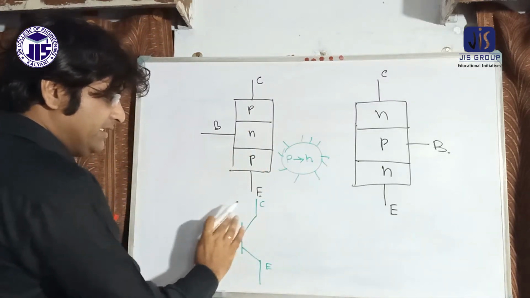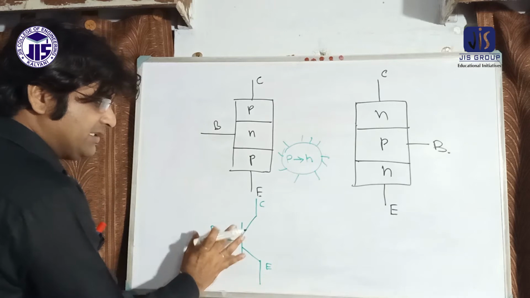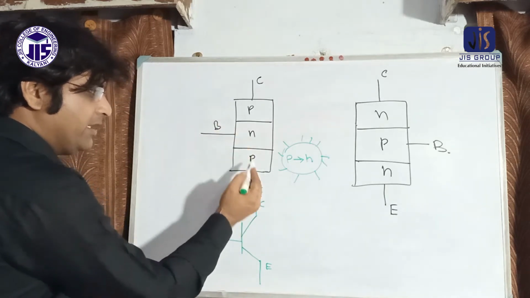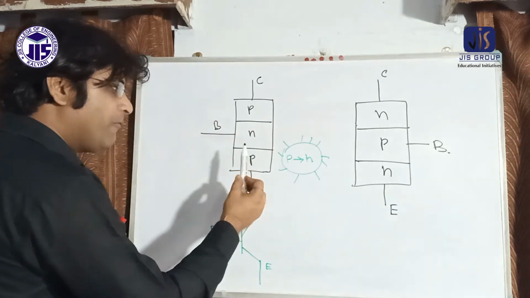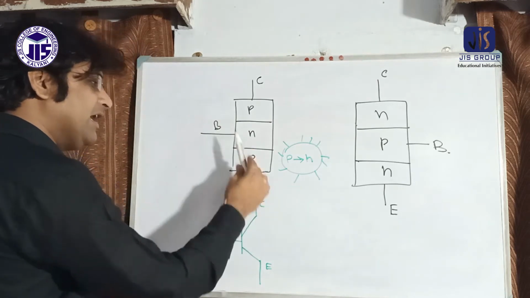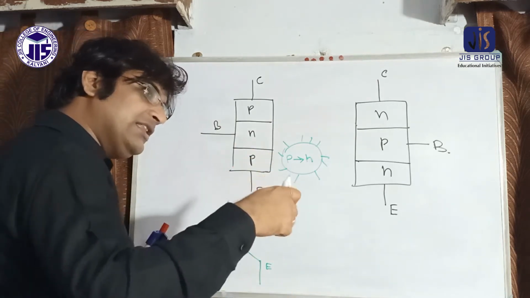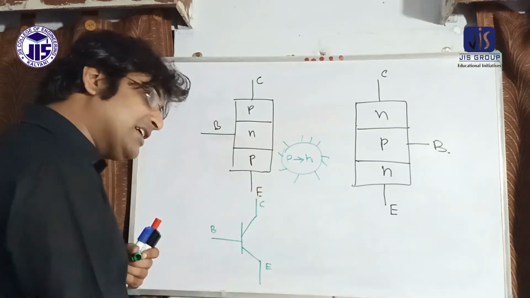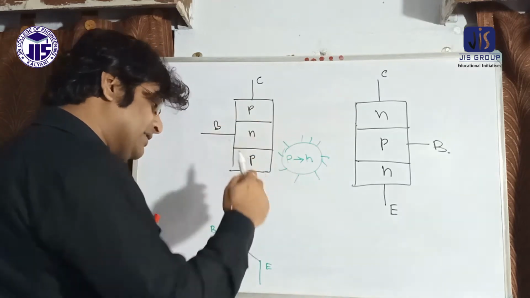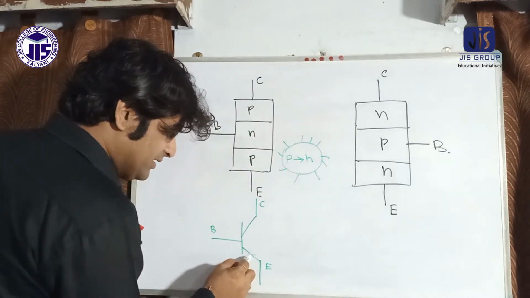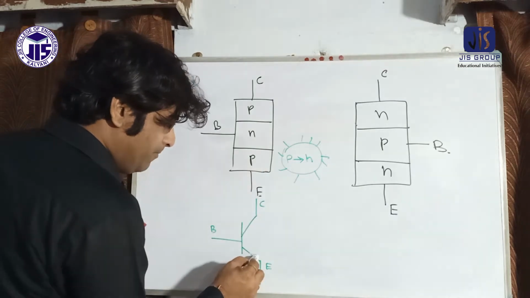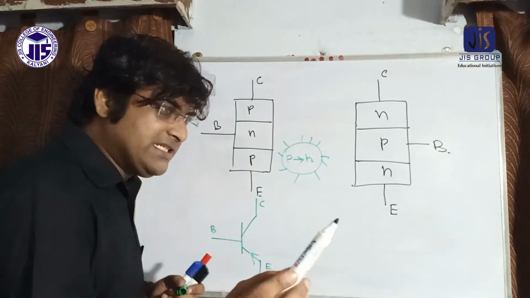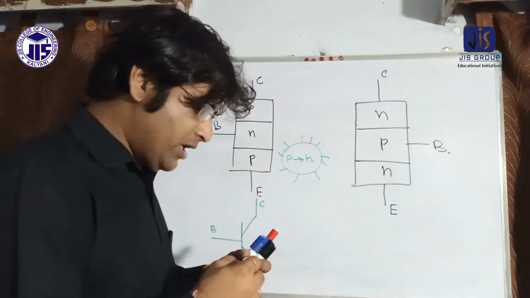In this representation of the transistor, P to N means the arrow always goes from the P side to the N side. The arrow is always at the emitter side, pointing from P to N. That means the arrow is here. The rule is P to N.